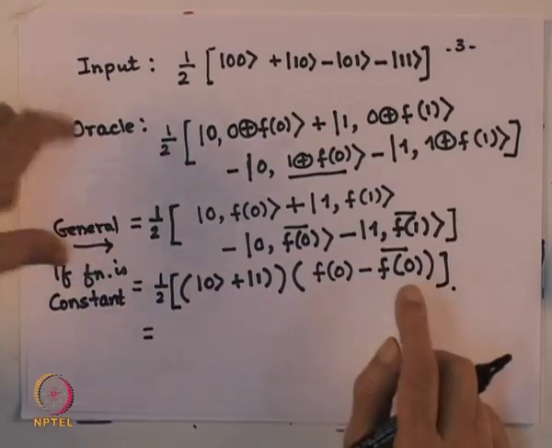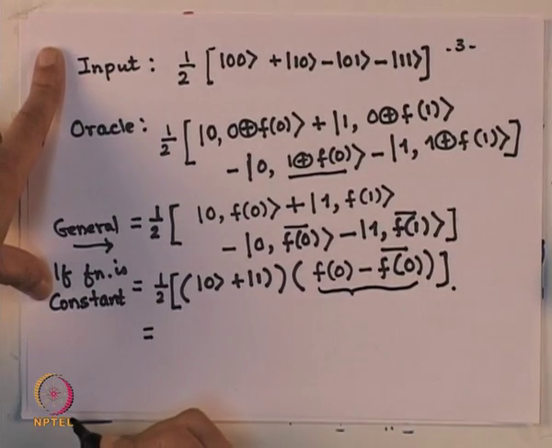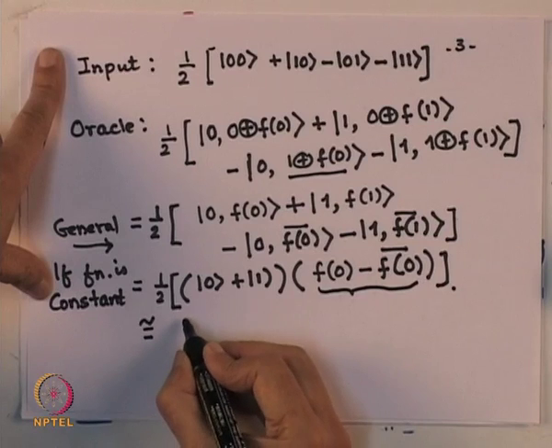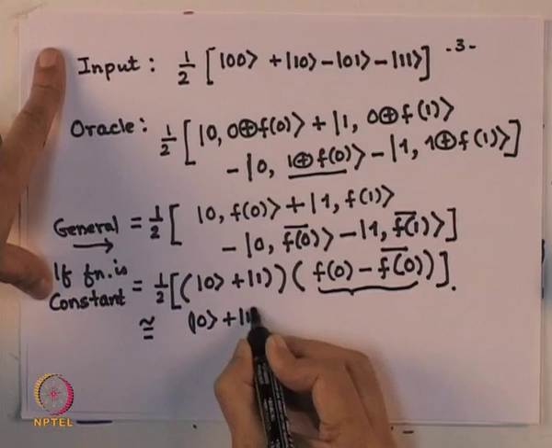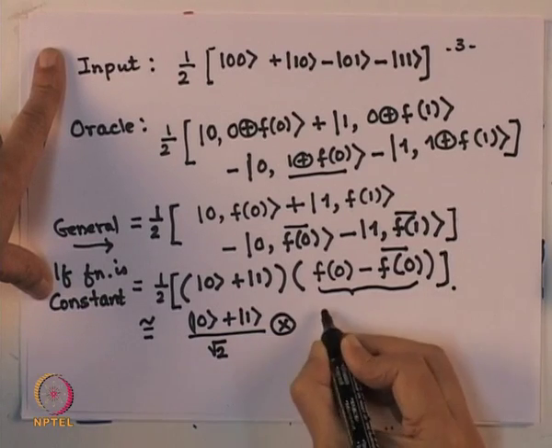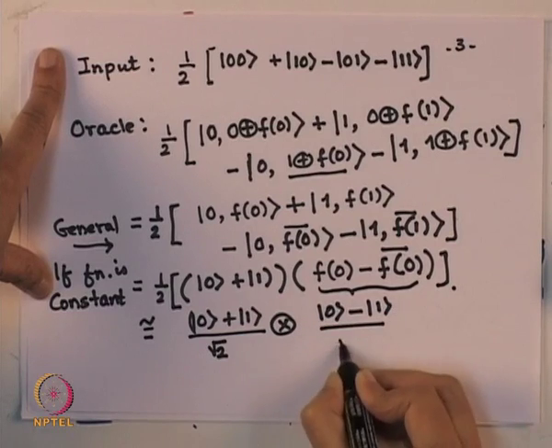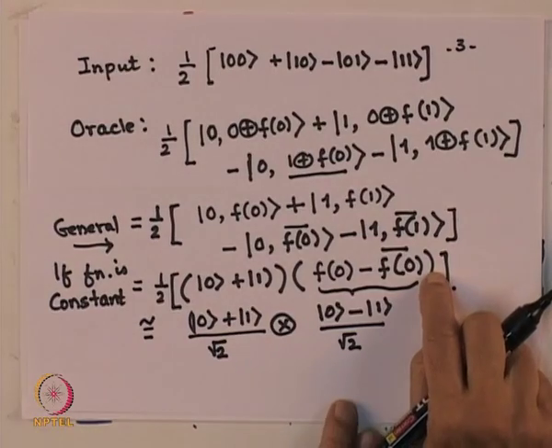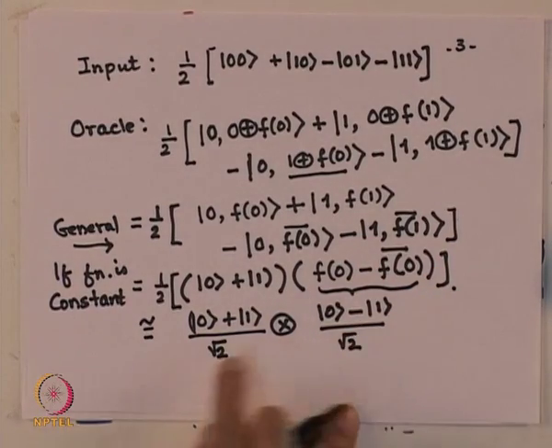So what it means is that this term, but for a global phase factor, which I will indicate with this, is given by (0 plus 1)/root 2 and (0 minus 1)/root 2. As I have said, this term could be (0 minus 1)/root 2 or (1 minus 0)/root 2, but in any case it is a matter of an overall global phase only.